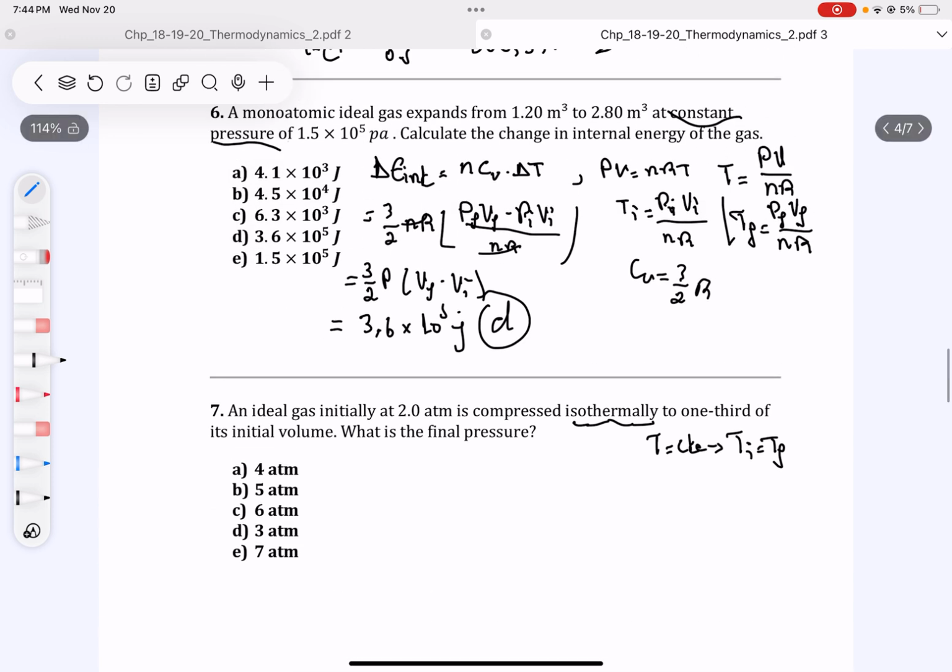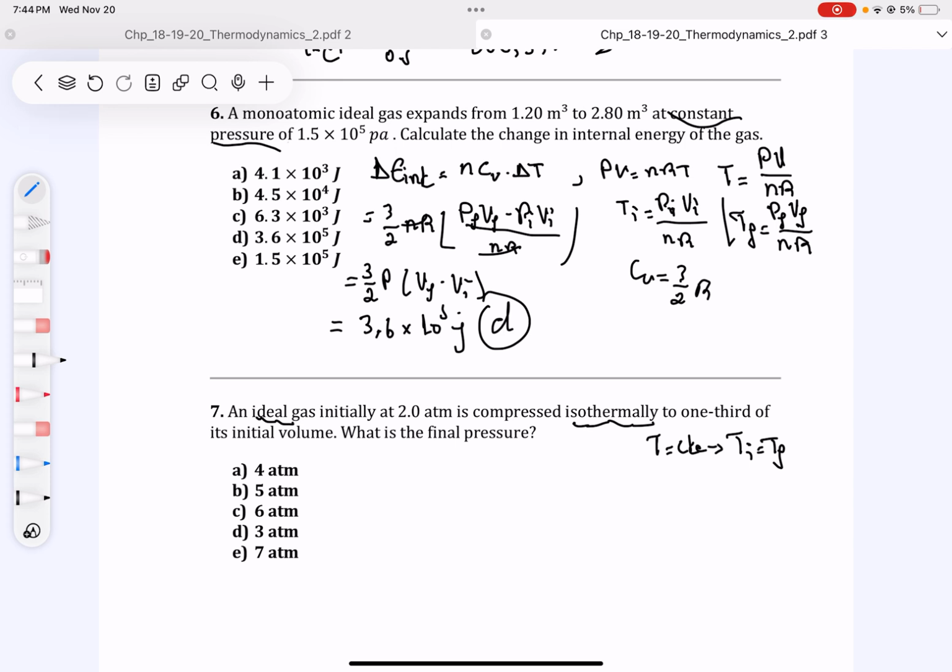And what we say here, it's ideal gas. What does ideal gas mean? That we can use the ideal gas law. PV is equal to nRT. And always PV over T is constant. Always for any ideal gas, monoatomic, adiabatic process, isothermal, always PV over T is constant.